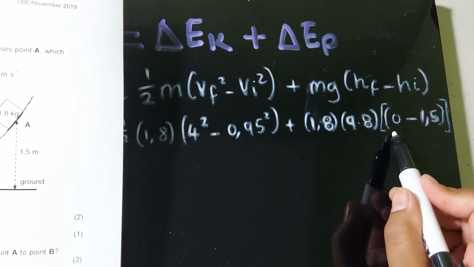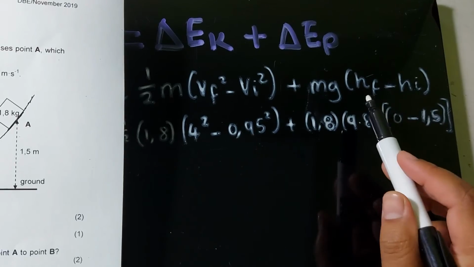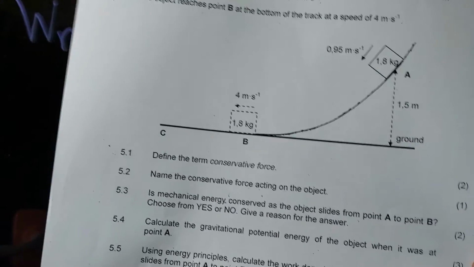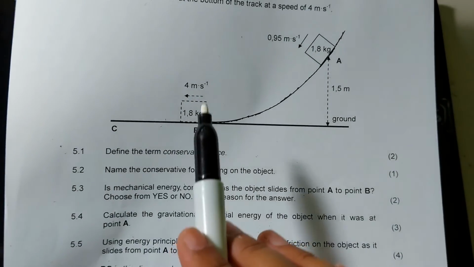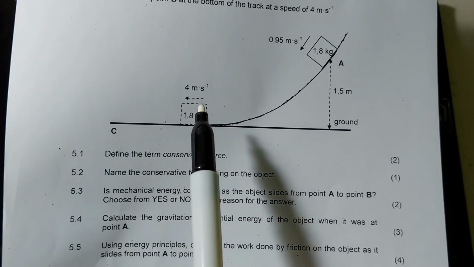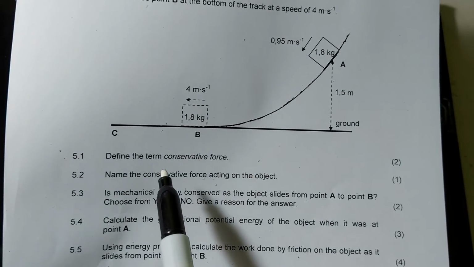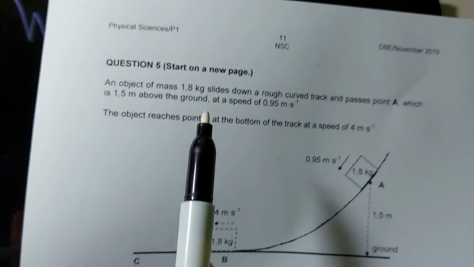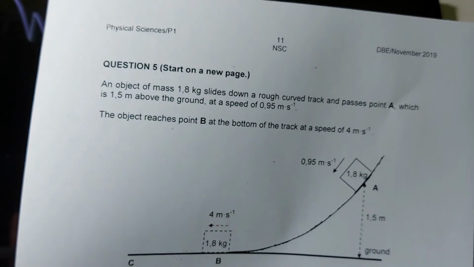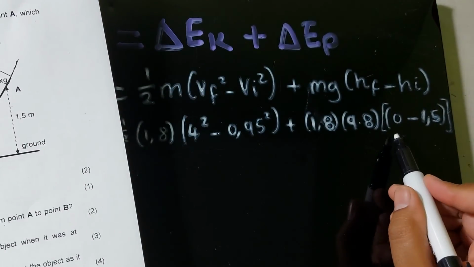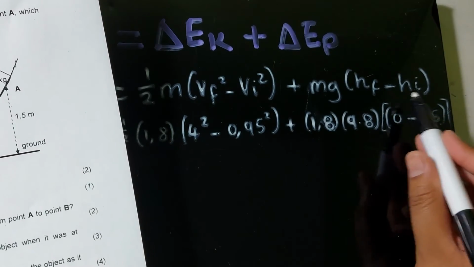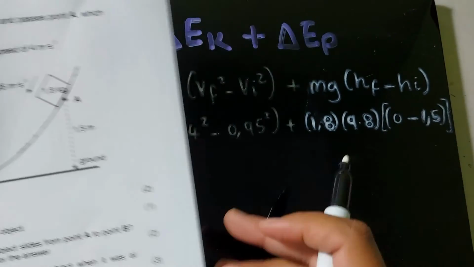the 0 over here is the final height, right? See that? Because the height at which the box is moving at 4 is 0. This is the ground. Because it gives us this reference frame here, the ground. So that's why I'm inserting a 0 there. And I'm subtracting the initial height, which is 1.5, right?